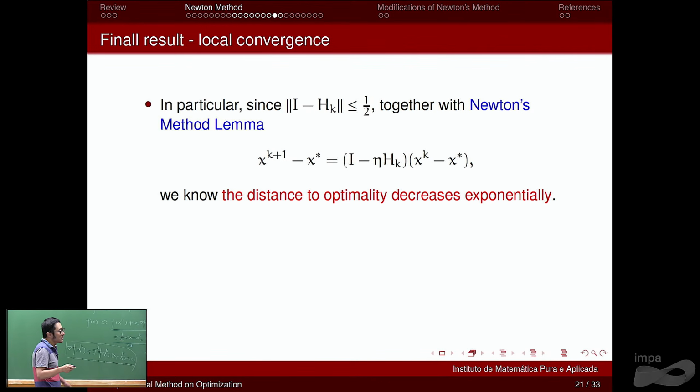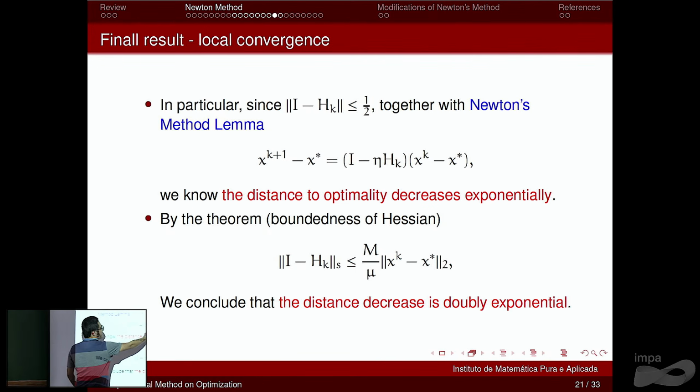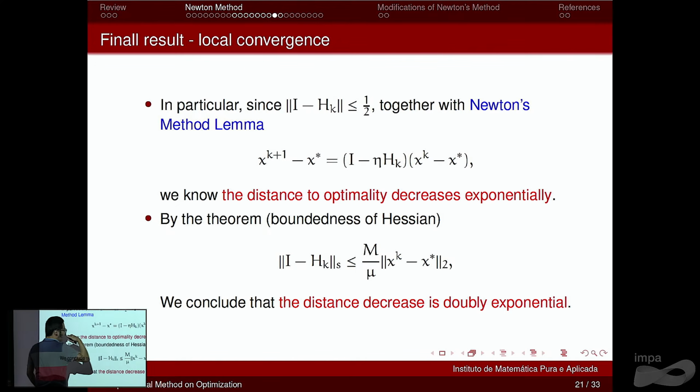So together with the Newton method lemma, which says xk plus 1 minus x star is I minus the step size eta times Hk times xk minus x star, we know the distance decreases exponentially, because this has an upper bound of 1 over 2.